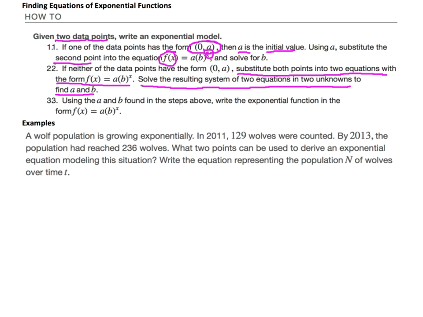So the wolf population is growing exponentially. That tells us that we can use this form here to write the function for this situation. In 2011, there were 129 wolves counted. By 2013, the population had reached 236 wolves.